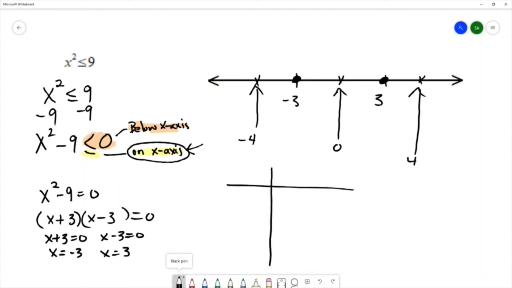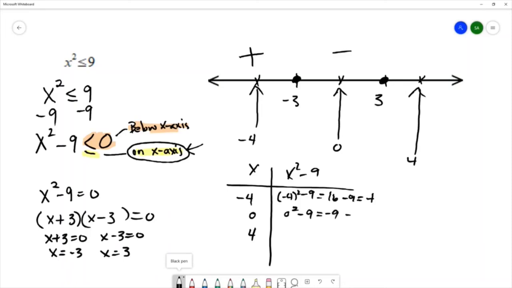So I'm testing these x values of -4, 0, and 4 into x squared minus 9. -4 squared minus 9, 16 minus 9, that's a positive, so this interval is positive. 0 squared minus 9 is -9, that's negative, this interval is negative. Negative or below the x-axis. 4 squared minus 9, 16 minus 9, that's positive. So this last interval is positive or above the x-axis.